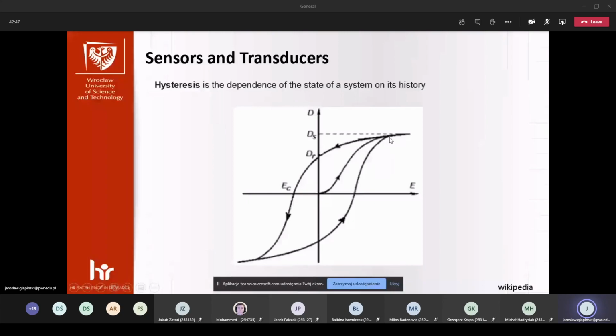But if we are using the same sensor, but going from the high temperature to the lower temperature, we will go this way. So we've got the hysteresis, which is also an error that goes into the accuracy properties.